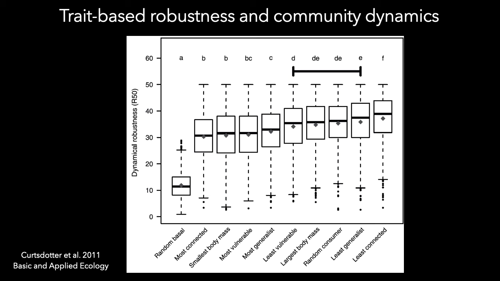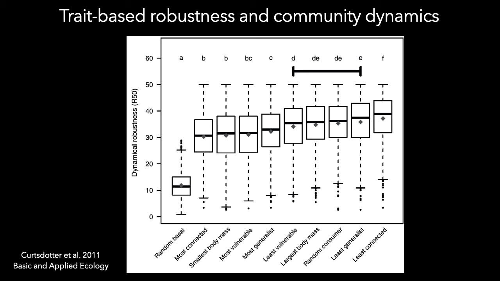We know that, for instance, there are certain constraints on predator-prey relationships depending on body mass, because these also influence the metabolism. So the authors in this nice study used not a topological criterion.